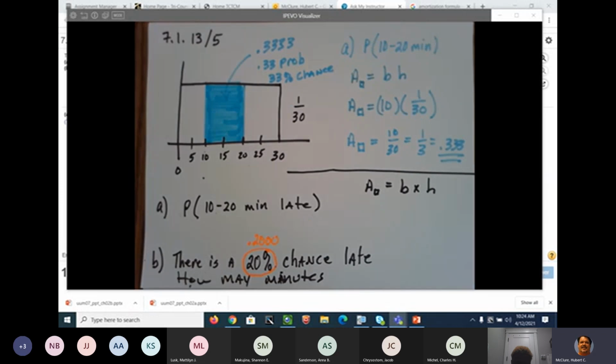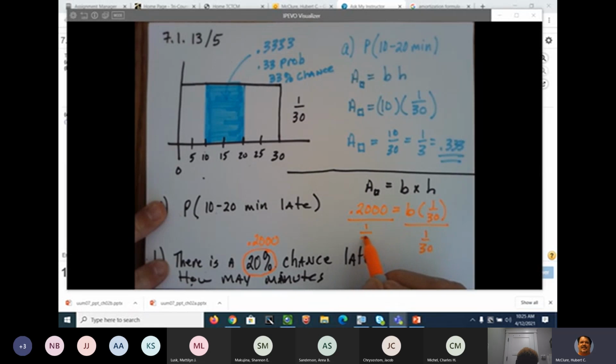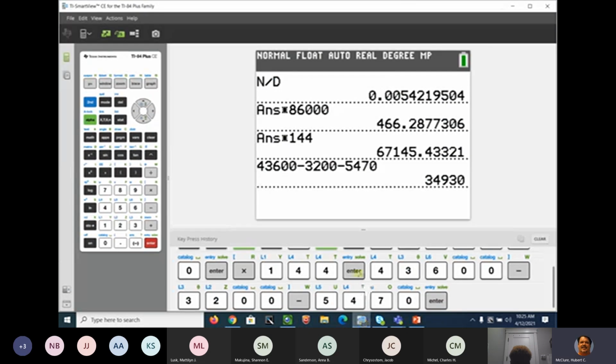And we've got 0.2000 is equal to base times 1/30. So divide by 1/30. Divide by 1/30. And of course that goes out. So B is equal to, and watch how I do this on the calculator. I just type it in exactly like it looks. Let me clear.